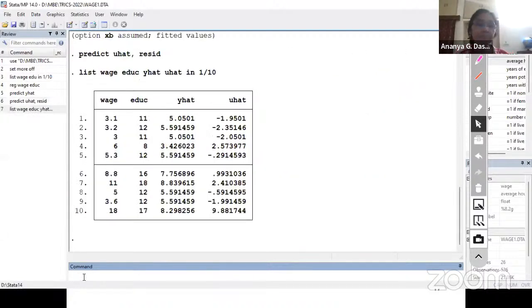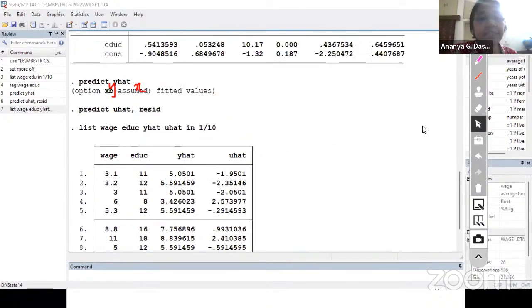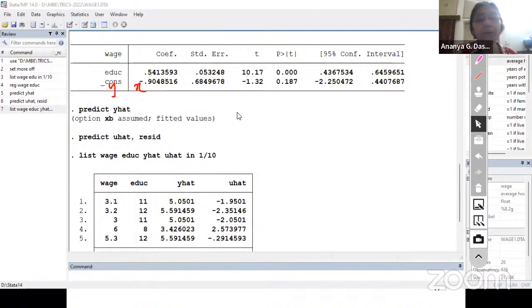Please pay attention to this. This is my y, this is my x. Now, what are these y hats? The y hat is nothing but alpha hat plus beta hat into x. To see that, let's take the first observation. For the first observation, my y is 3.1. So this person earns $3 in wages and has 11 years of education. But what is my model predicting?